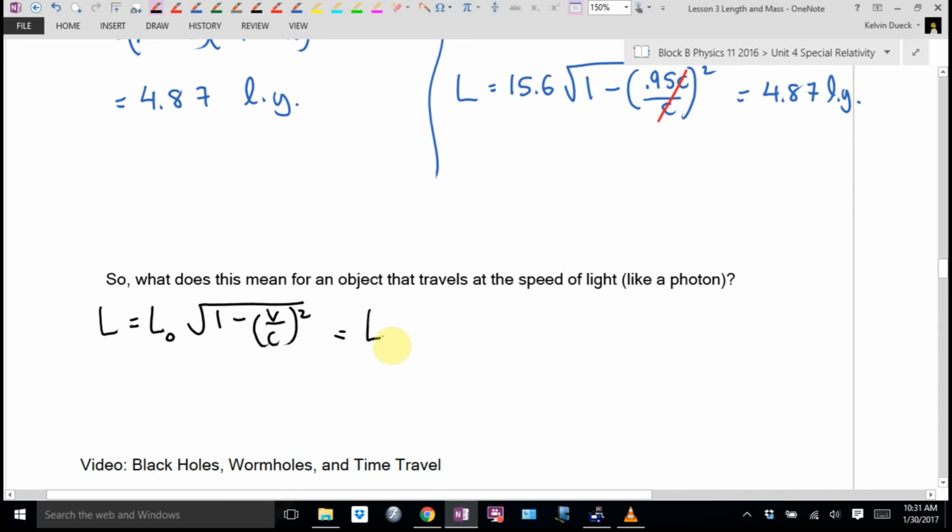Well, if you put a c in, if you travel as a photon, what's c divided by c? Squared? What's 1 take away 1? What's the square root of 0? For a photon, what are all distances equal to?